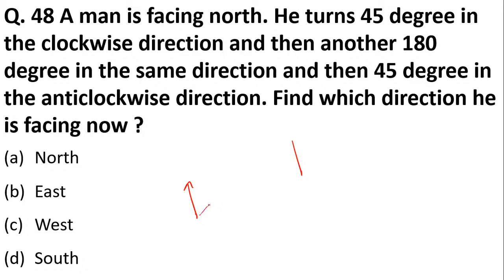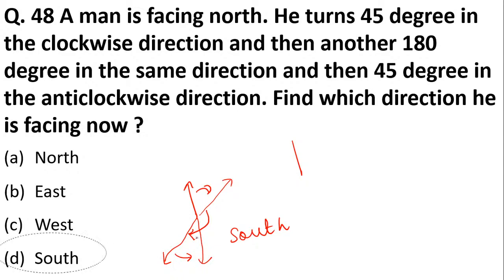Clockwise means in the direction of the clock, and turns 45 degrees, so he will be here, okay, and then turns anti-clockwise. Anti-clockwise is this direction. Now he faces here. So in which direction is he facing now? He is facing in the south direction, okay. First he was here, then he moved here, then he moved 180 degrees, and later he moved 45 degrees. So now he is in the south direction. That is the right answer.